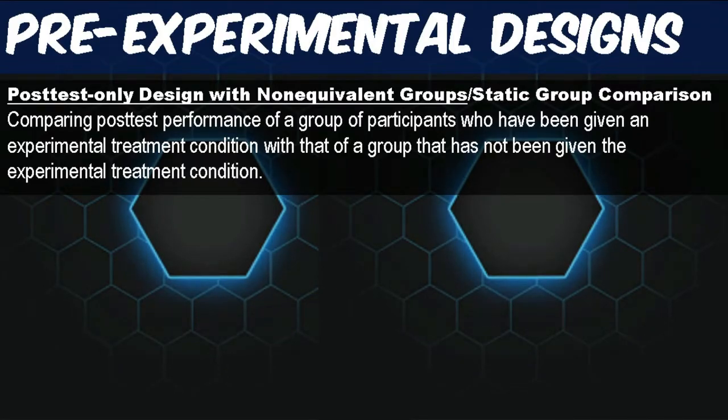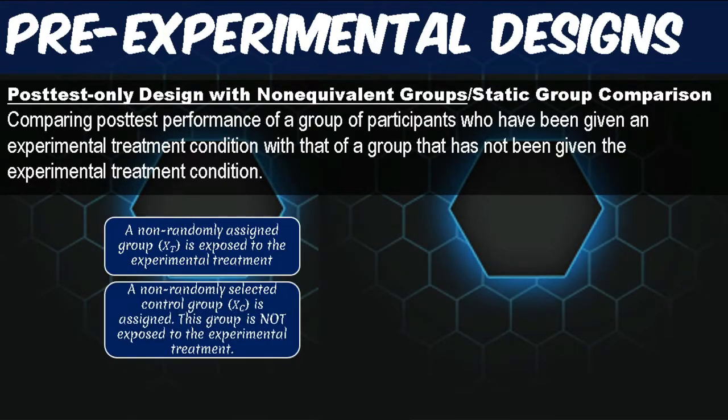We have a third design under the pre-experimental designs. It's called the post-test only design with non-equivalent groups, otherwise called static group comparison. And although in this design it tried to use more than one comparison group, because in the two previous designs it only used a single group of subjects.